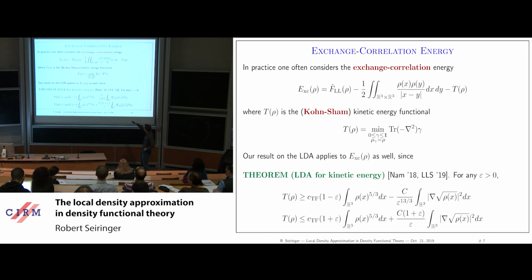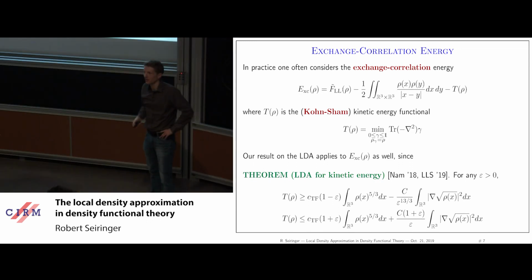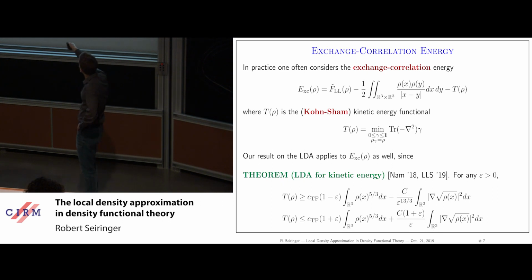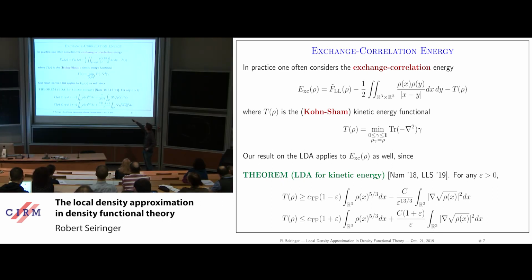And if we do this in the grand canonical version, it just boils down to this simple formula here. Everything is just contained in the one particle density matrix. So there's simply the constraint that gamma is between 0 and 1 from the Pauli principle, and the density is given by rho, and then you minimize over all one particle density matrices satisfying these constraints, and that's by definition T of rho. Right? And that term you should also subtract.